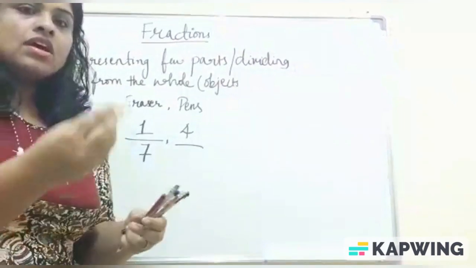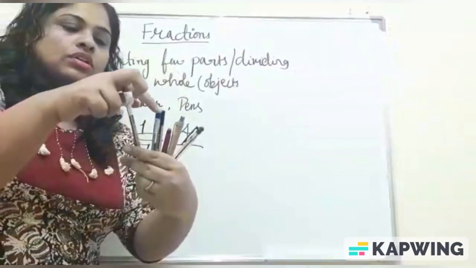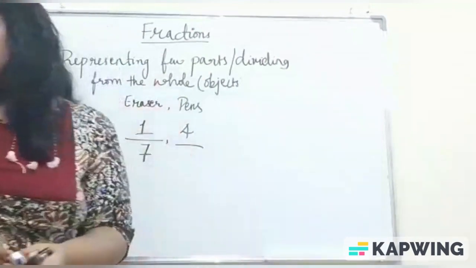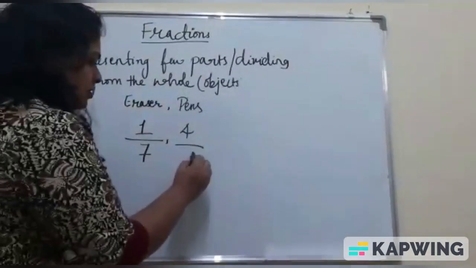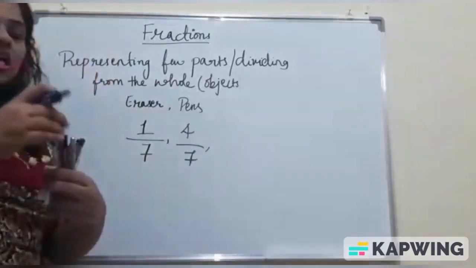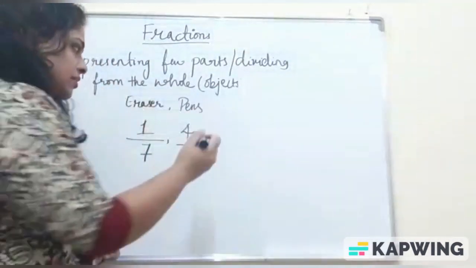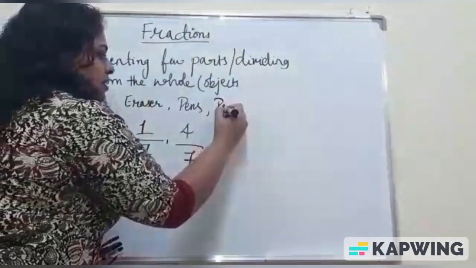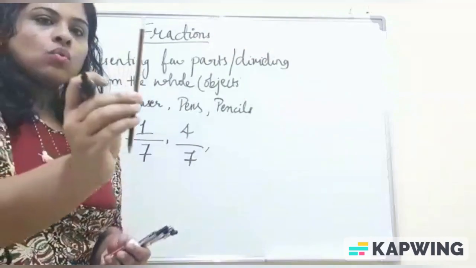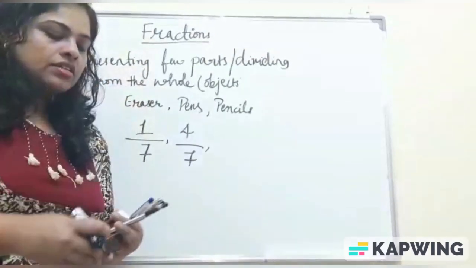How did I get 7? 1, 2, 3, 4, 5, 6, 7. So let's write 7. Next, what is the last one? It's a pencil. How many pencils do I have? 1 and 2.